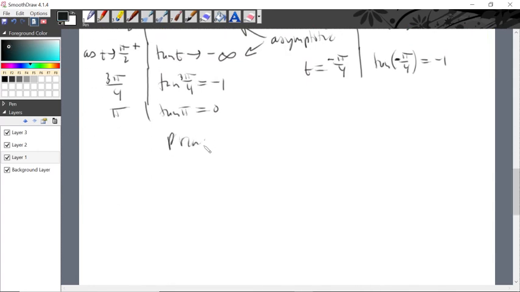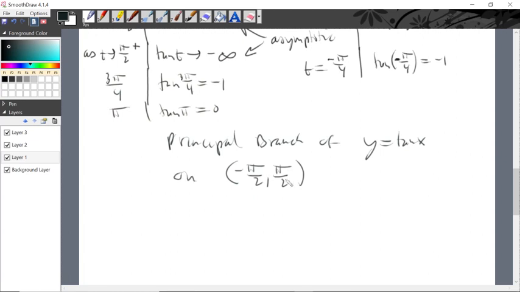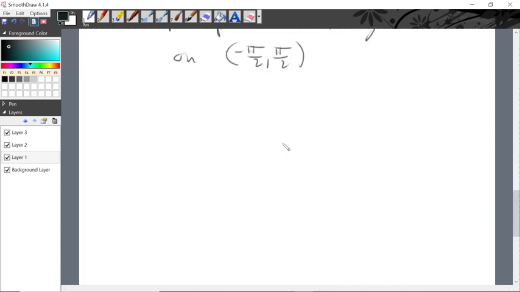Okay, so the principal branch of the function y equals the tangent of x is on the interval from negative pi over 2 to pi over 2. And that is an open interval because at negative pi over 2 and pi over 2, the tangent would in fact be undefined. We have vertical asymptotes there. All right, so you can graph your asymptotes.